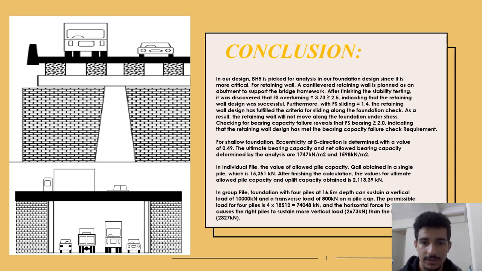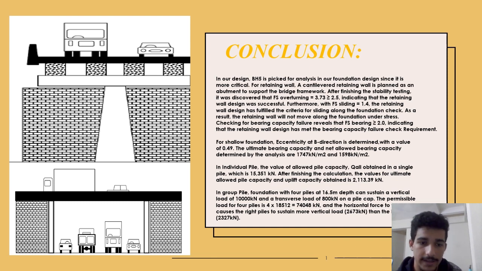The ultimate bearing capacity and net allowable bearing capacity determined are 1,747 and 1,598 kilonewton per square meter. For an individual pile, the value of allowable pile capacity Q all in a single pile is 15,341 kilonewton.